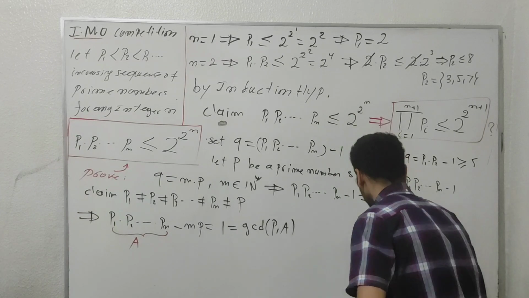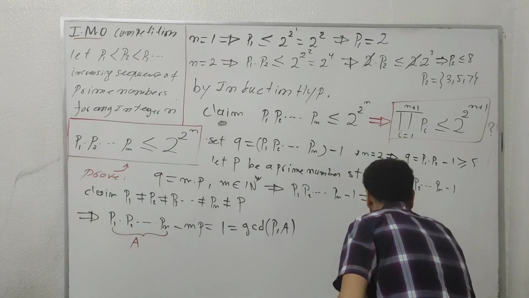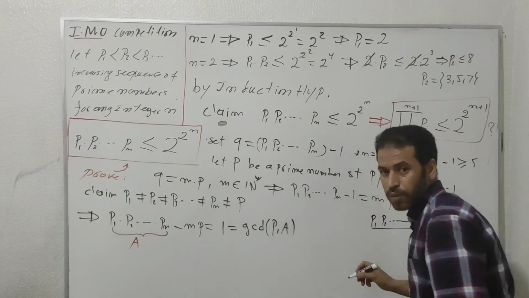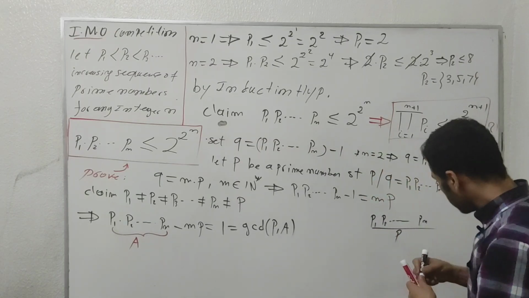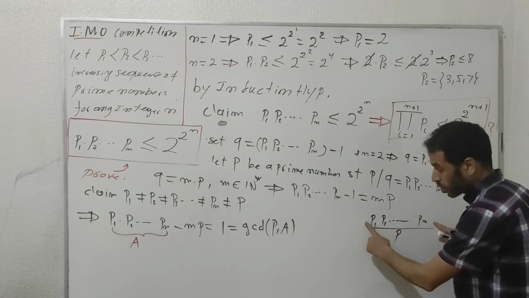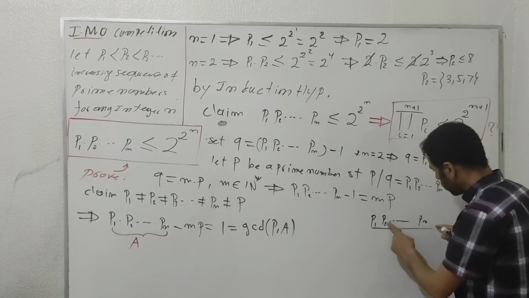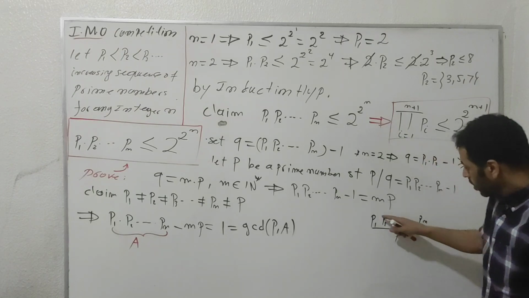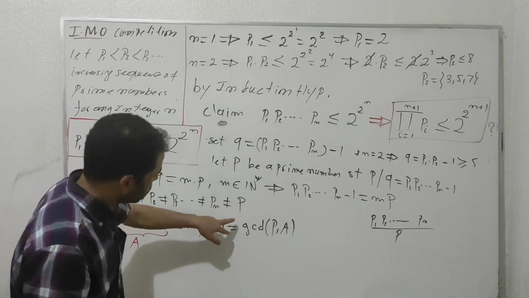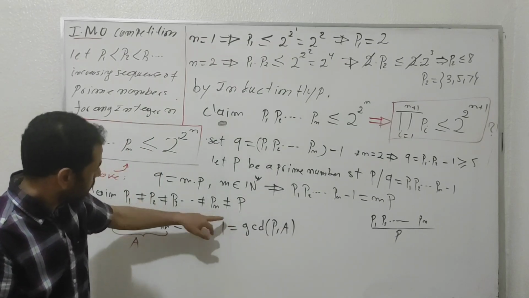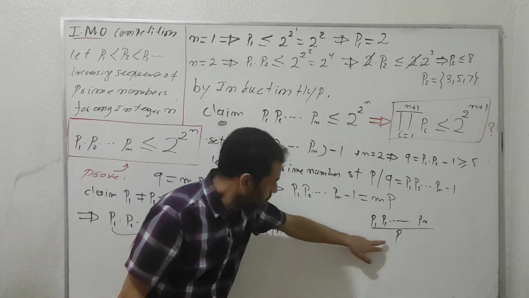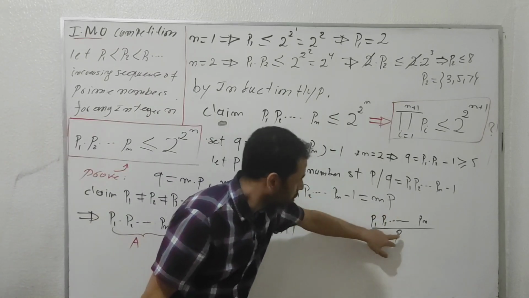For instance, if this product P1 multiplied by P2 and all the way down to Pn is divisible by P, P must equal one of these prime numbers. It could be P1, P2 or Pn, but we have assumed that P is not equal to any of these primes, which means P does not divide this product.